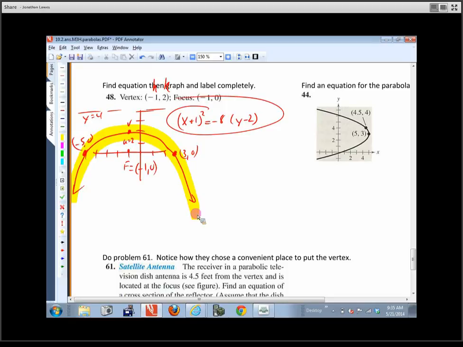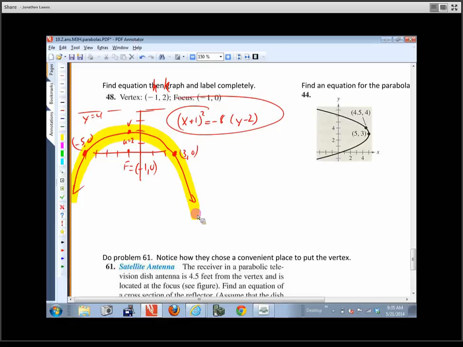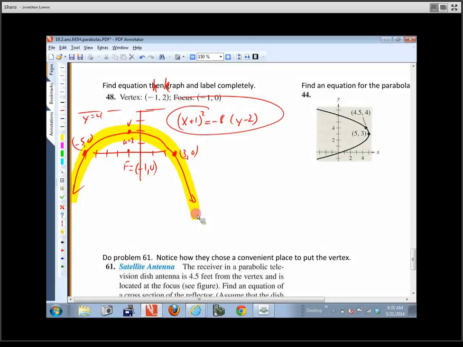It's where all of those parallel rays, or parallel energy beams, would focus. The directrix helps figure out, well, it's got to go away from the directrix. It kind of wraps around the focus. They're important pieces of information, but they are not actually part of the graph of the parabola. Okay? Important distinction to make.